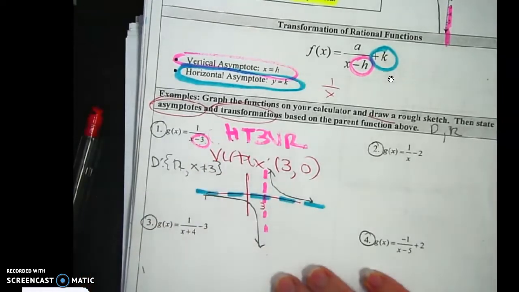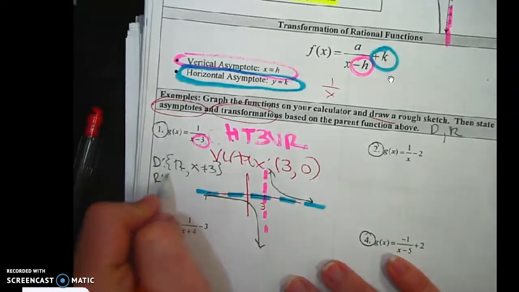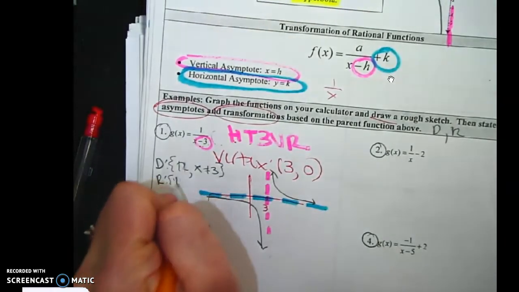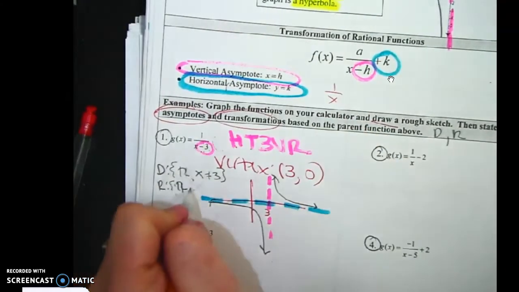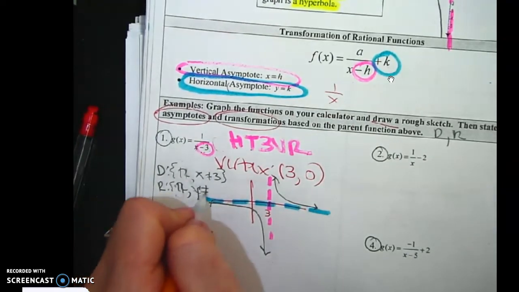And I don't need it in interval notation. This is fine. Okay? And then I'm going to say the range. Well, the range is based on the horizontal asymptote, which means it could be any real number as well, but y, just kidding, y cannot equal 0. Okay.